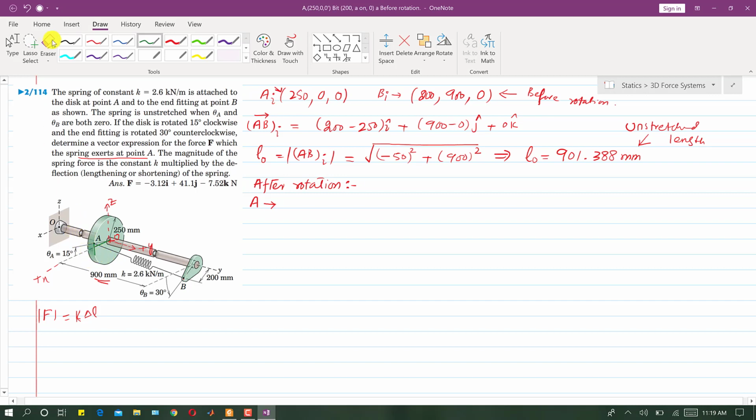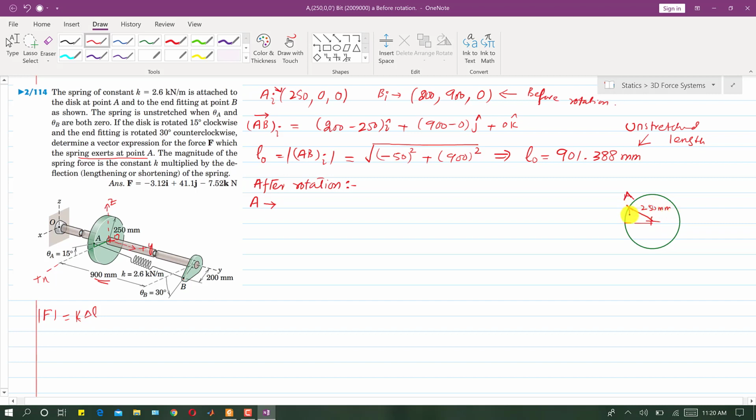As we can see, here is a very small right angle triangle, right? Let me represent that. If I draw that disc here in the front position, let's suppose this is that disc, and this will be the center of the disc. Then somewhere here is point A after rotation, after giving it theta A. If I draw it like this, this radius is 250 mm, right?